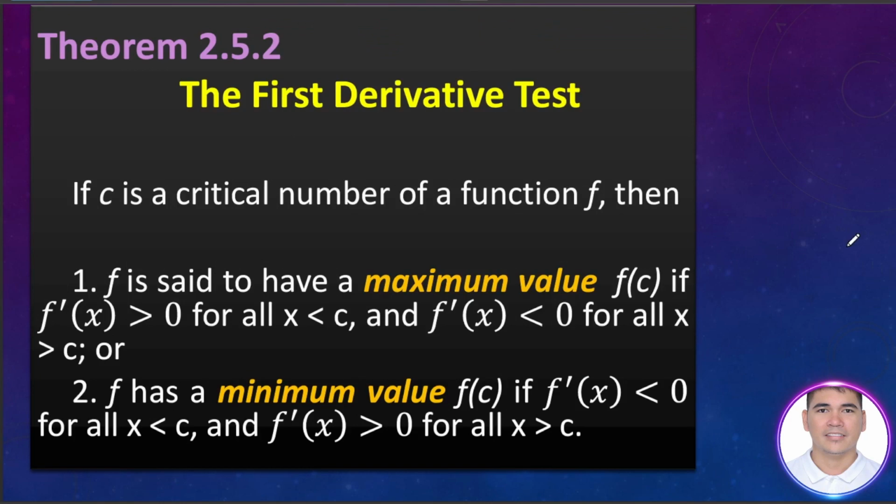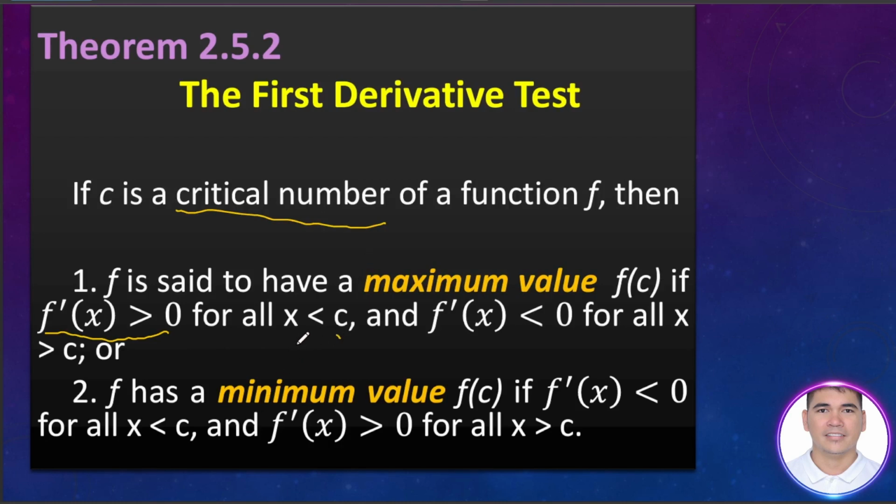Now for theorem 2.5.2, the first derivative test. If c is a critical number, so this is based upon our previous discussion, we talk about critical number of a function f. Then f is said to have a maximum value, f of c, if the derivative f prime of x is greater than 0 for all x less than c.